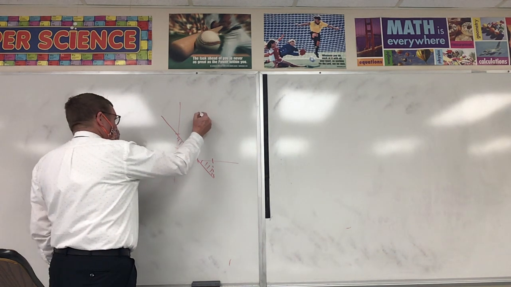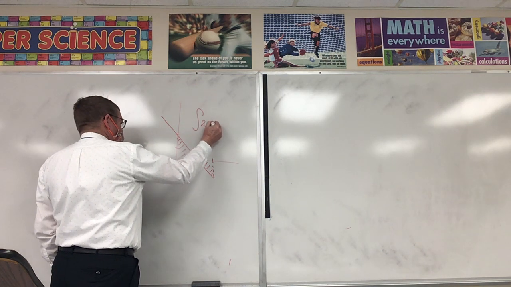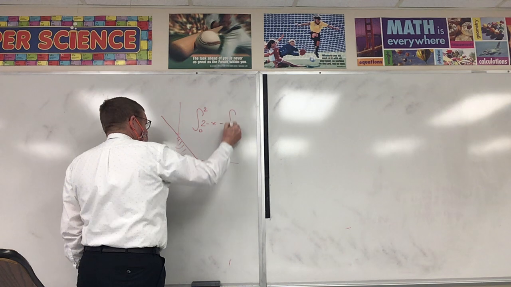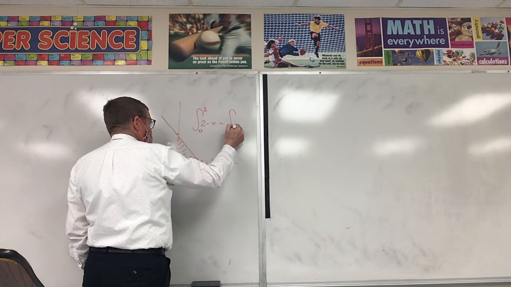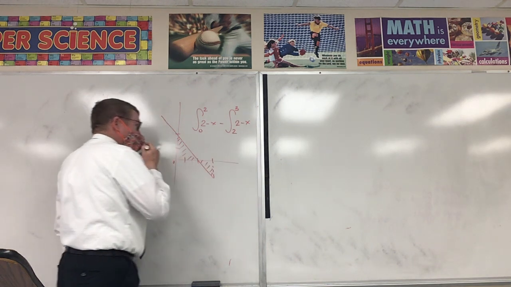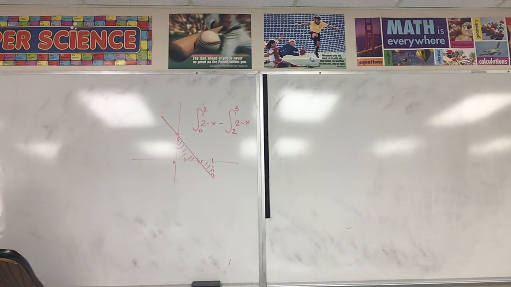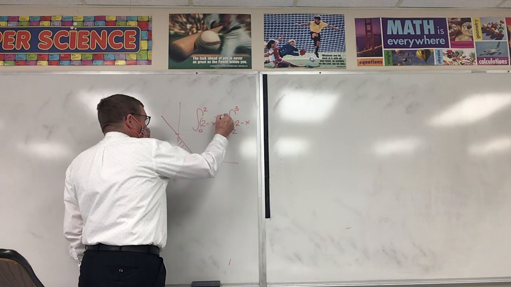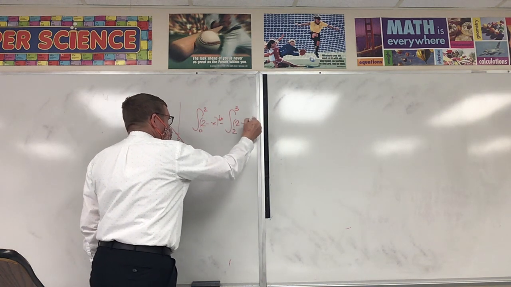Therefore, I want the integral of 2 minus x from 0 to 2 minus the integral from 2 to 3 of 2 minus x. I do a minus because I know the one below is negative, so I want to make that positive.